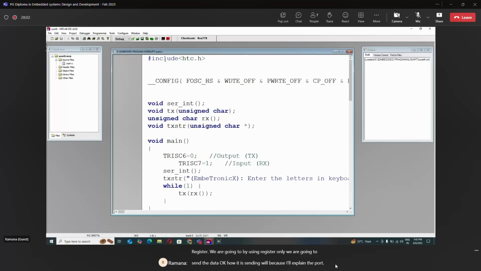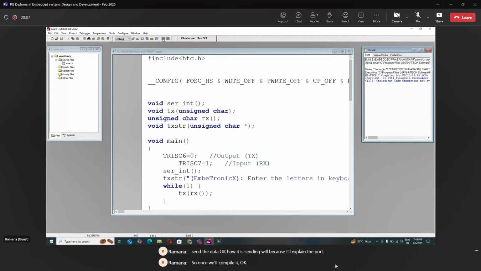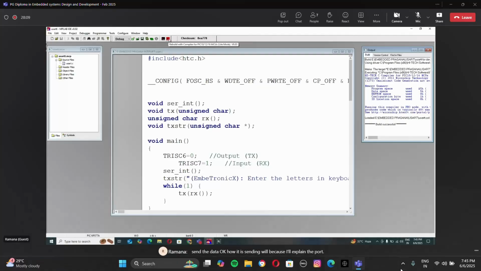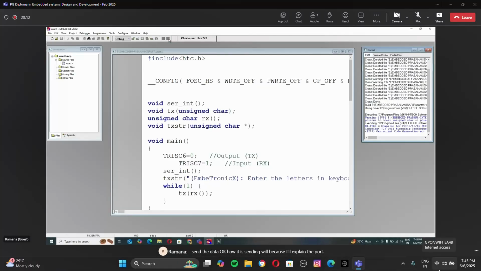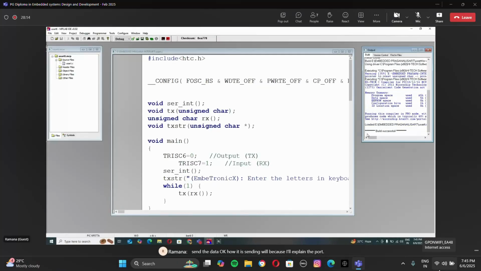So once we'll compile it. Okay, so compile is completed.